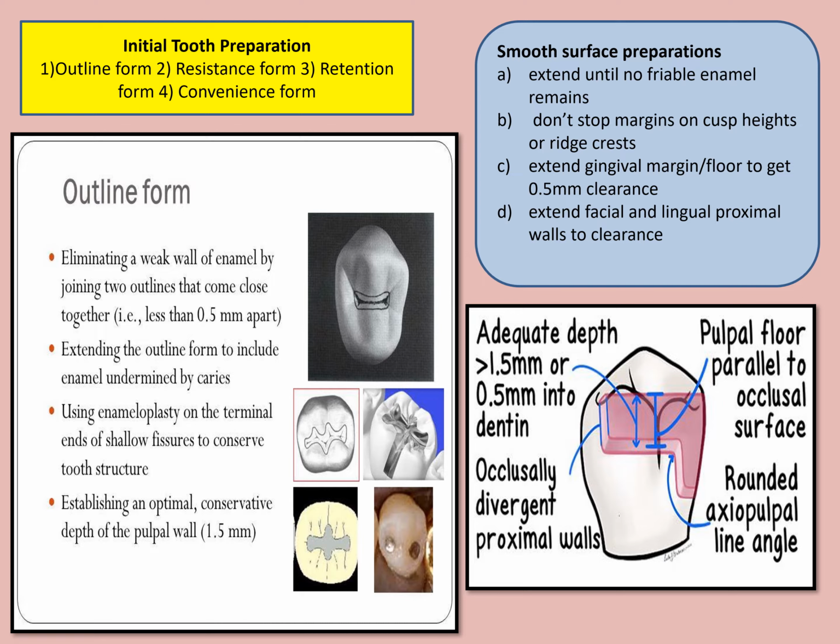Initial depth of the preparation is 0.5 mm into the dentine or 1.5 mm total depth as measured from the central groove. Flat pulpal floors to the occlusal surface, occlusally divergent proximal wall, rounding of axiopulpal line angle, and smooth surface preparation. Never end on the cusp height and extend the margin to get the clearance. That's important in the embrasure or the self-cleansing areas.